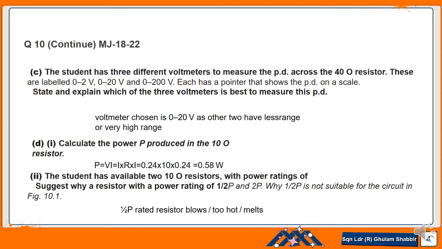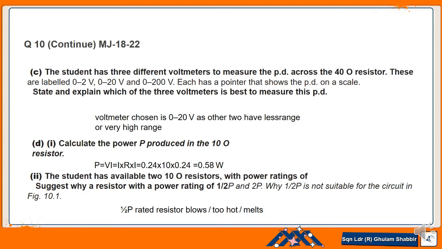As we can understand, if 0.58 is reduced to half and that resistor is used, then it will blow up, because the total power is 0.58, which is coming from the battery.